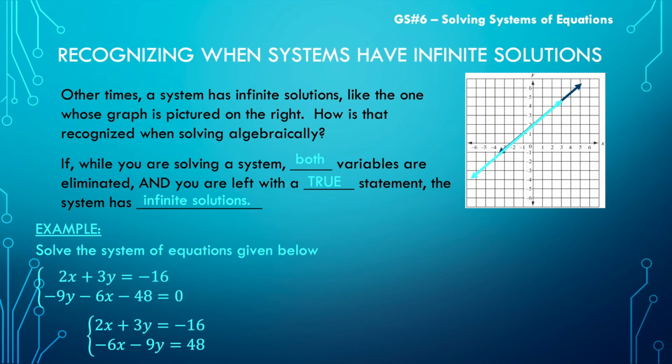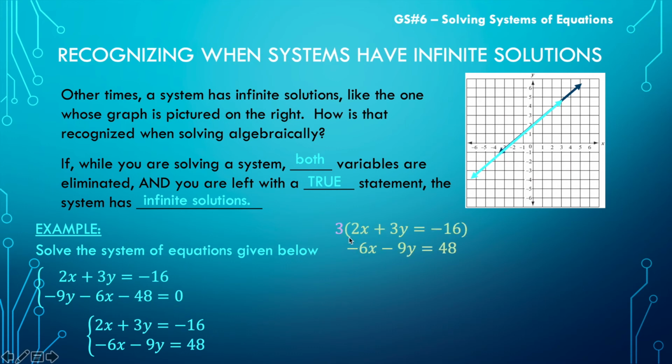Okay, so that looks so much nicer. Now I'm going to examine this and think, okay, I could definitely use substitution here, but it again looks like a better candidate for elimination. So let's take that top equation and multiply it by 3.